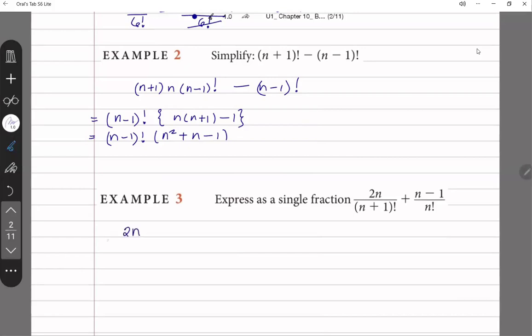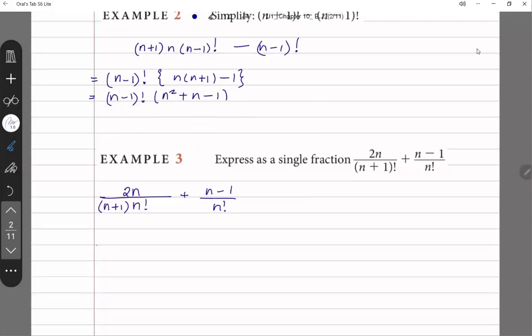This is 2n over n plus 1 times n factorial. N plus 1 factorial is the same as saying n plus 1 times n factorial, plus n minus 1 over n factorial.